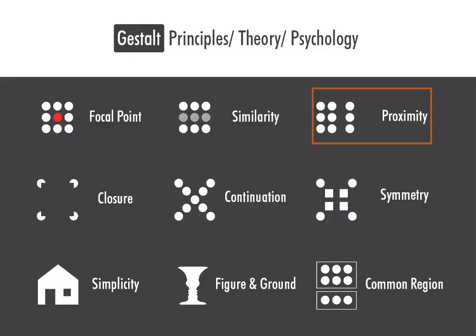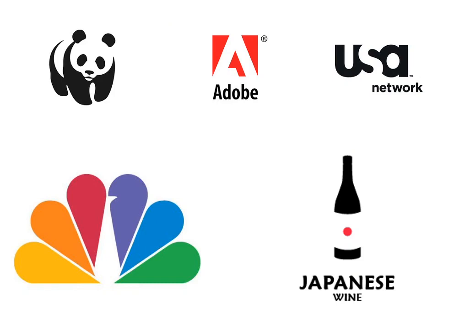Proximity. Okay, next one is closure. When the human mind sees a figure that seems loose or not fully closed, we have a tendency to close it up in our imagination. If there is nothing, you draw lines or fill color with your imagination.